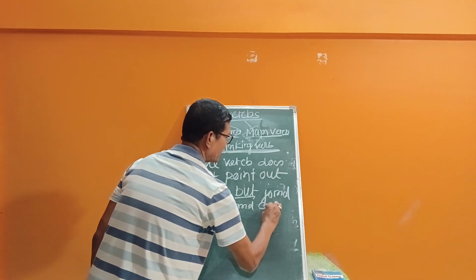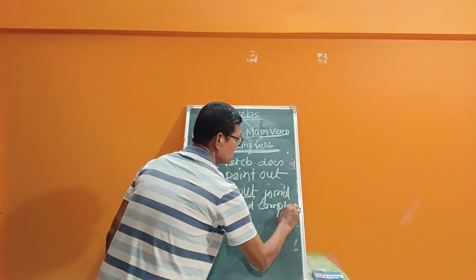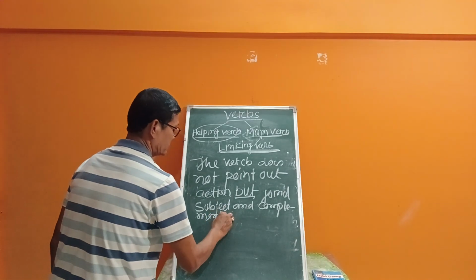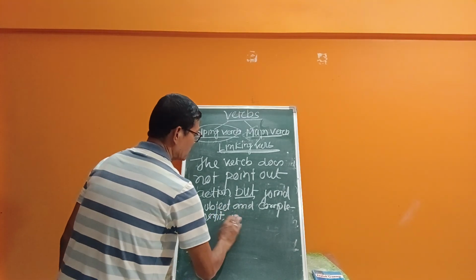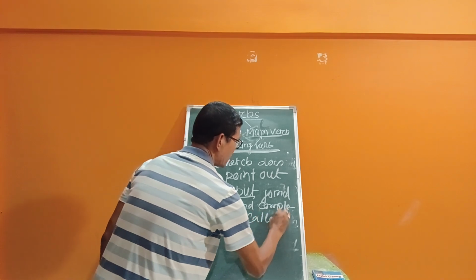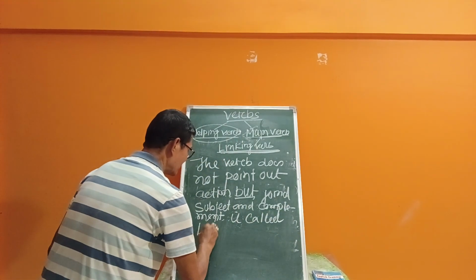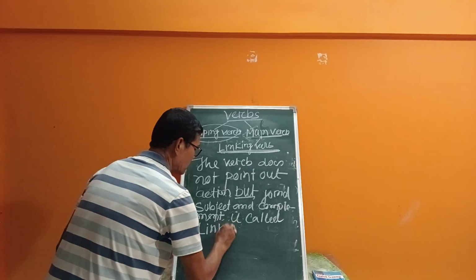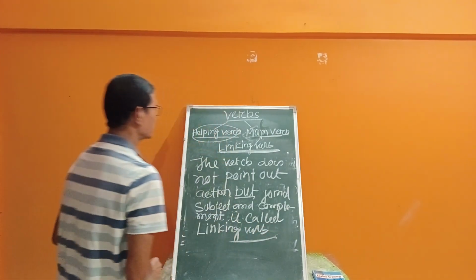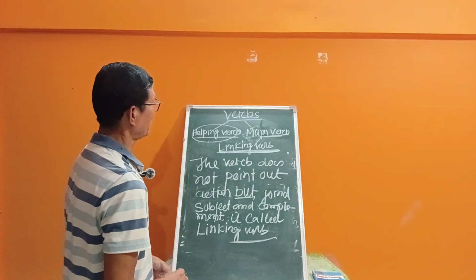A verb that joins the subject and complement is called a linking verb.